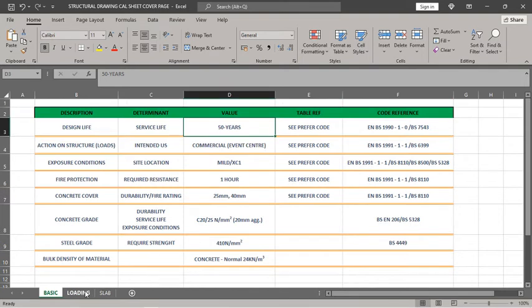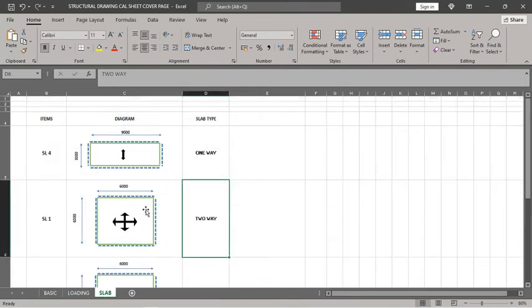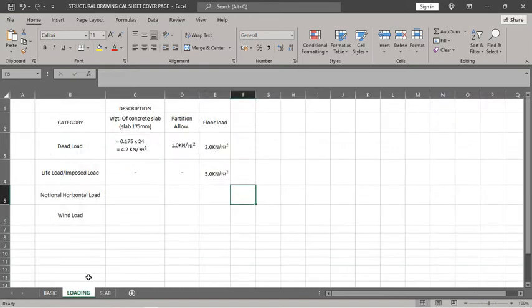So then the loading. We are doing slab first, so I didn't go much further in the loading. I only stopped at the slab loading at this stage. So I have the category, I have dead load, live load, or imposed load, depending on the code preference you are using. Then I have the notional horizontal load and the wind load.